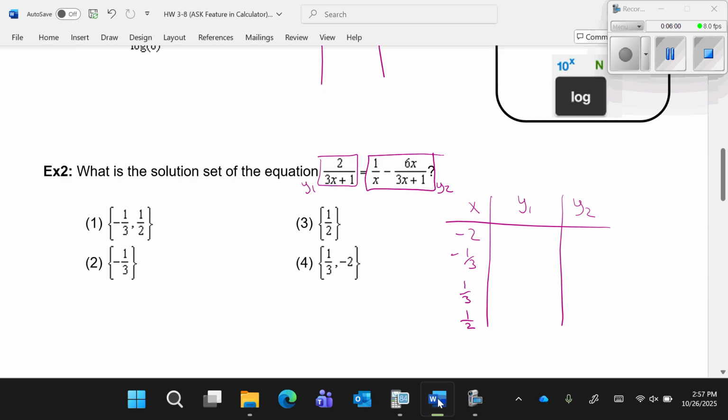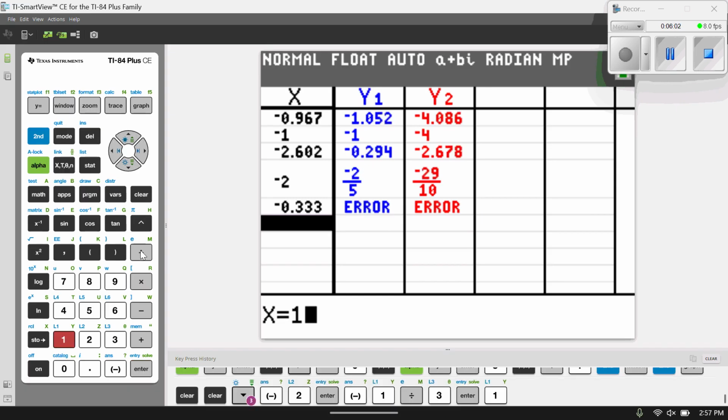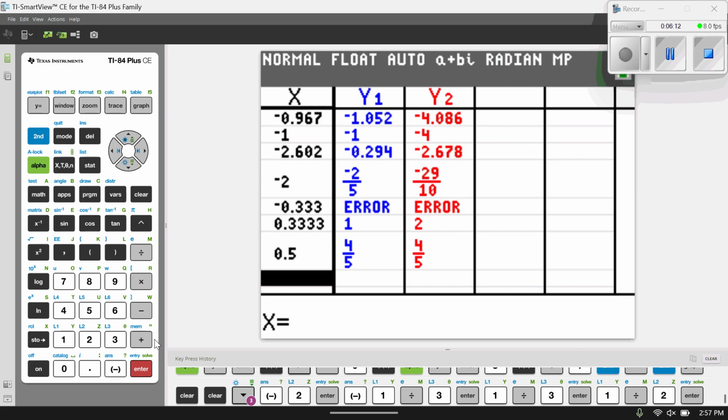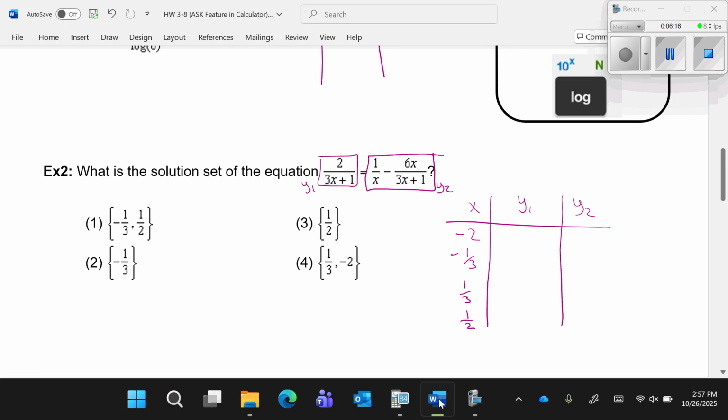The next value was +1/3. Doesn't give me the same y values. The last answer choice is 1/2, and that one gives me 4/5 for both. So 1/2 is going to be the answer here because it's the only one that had the same y values.